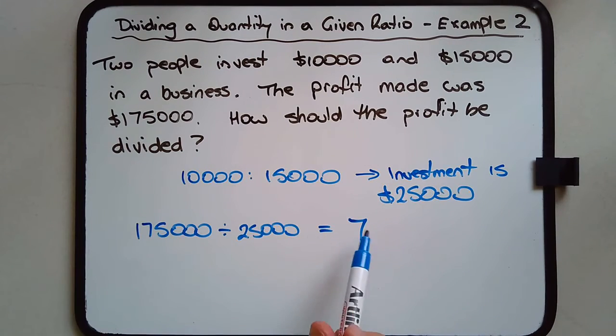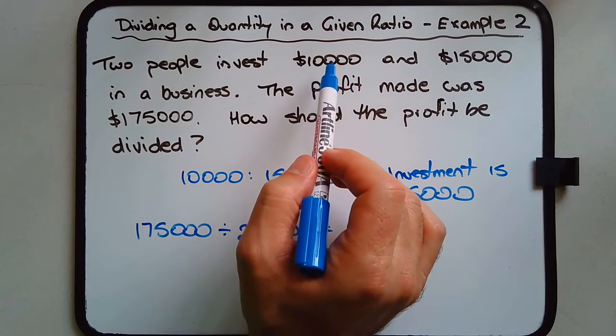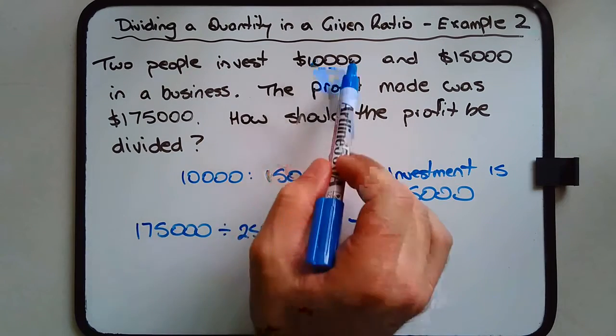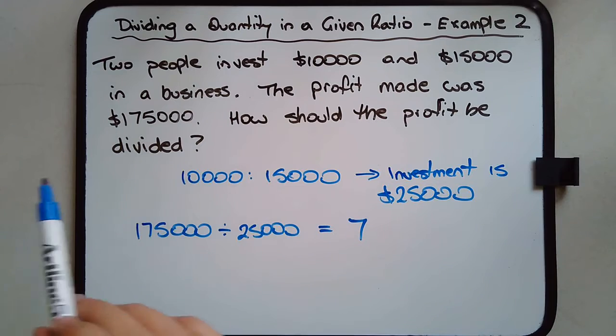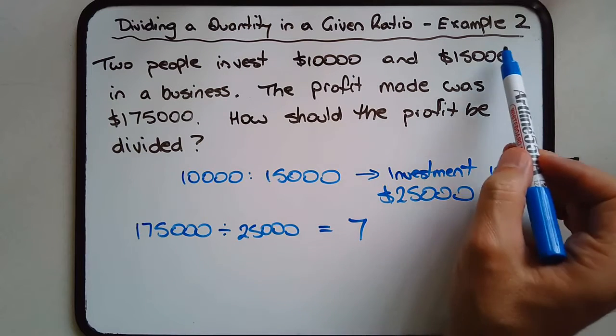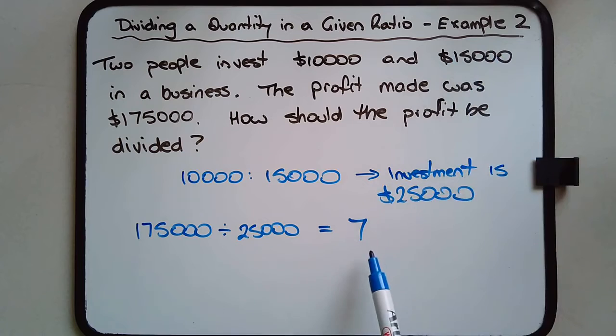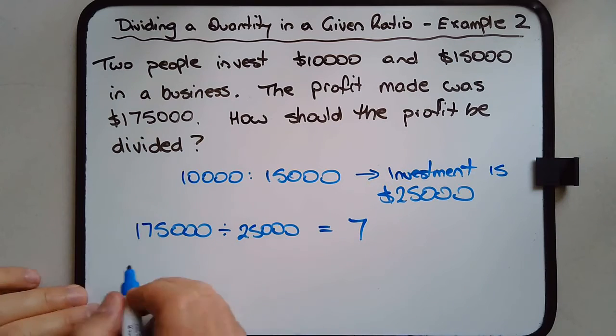So that means that each person has made 7 times as much as what they've invested. The first person who invested $10,000 has made 7 times that amount, and the person that invested $15,000 also made 7 times that amount.